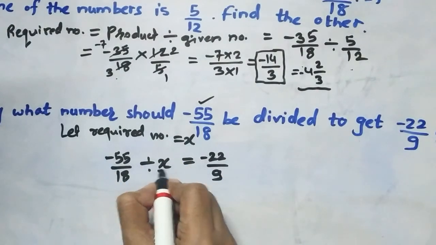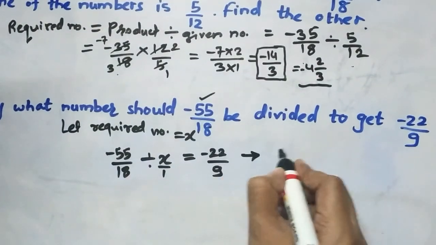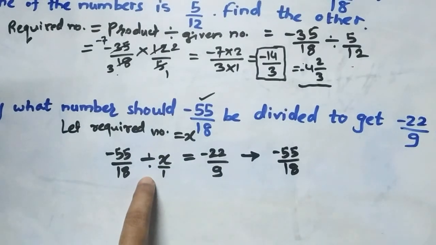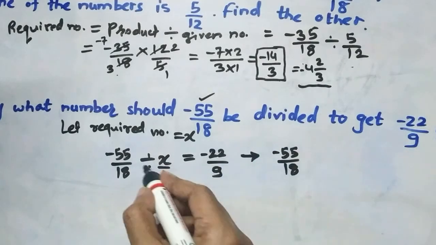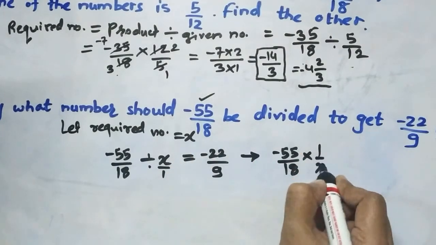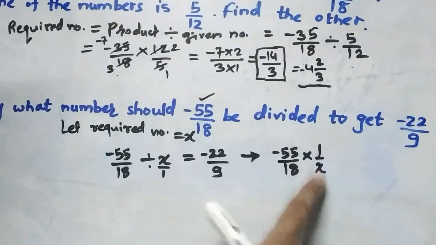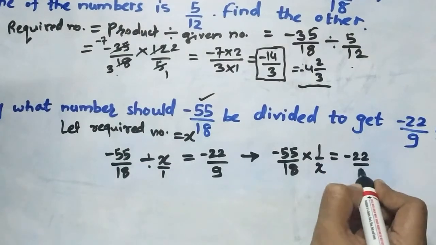Here x is actually x by 1. So we can write it like this: minus 55 upon 18, here it is division. So division we will perform like rational numbers. We'll take a multiplication sign and we'll reverse it, that means we take a reciprocal. x by 1 will convert into 1 by x, because here division is there, is equal to minus 22 upon 9.